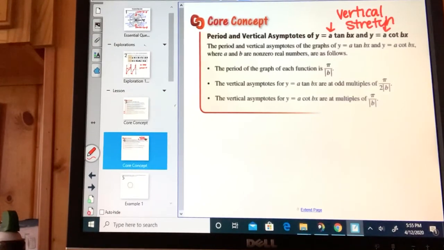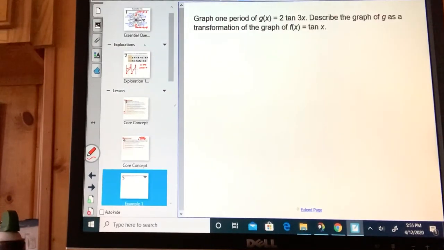Okay, so if I'm going to graph this function, 2 tangent 3x, what I'm going to say is, well, this 2 is a vertical stretch. So I know it's kind of like that Laffy Taffy. It's going to go up really, really fast. And this 3 changes the period.